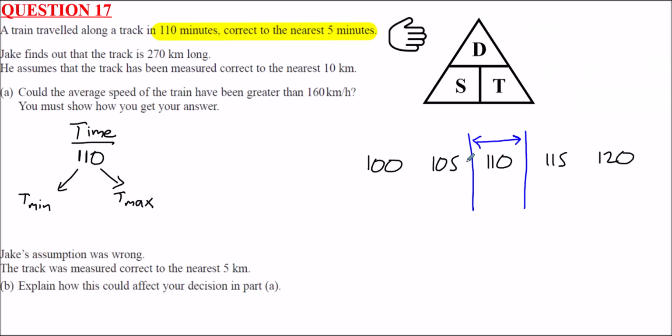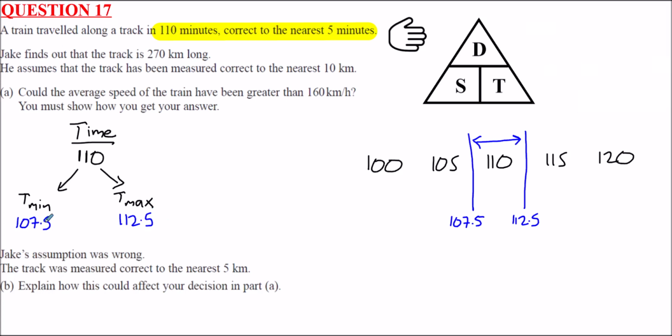The defining boundary between it being closer to 105 or 110 is going to be 107.5. So that's going to be our minimum time, 107.5. The maximum time is just before 110 compared to 115, so that's going to be 112.5.